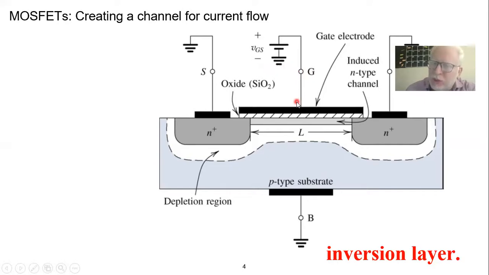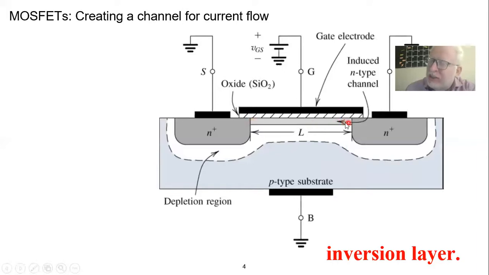Whenever you put a positive voltage on the gate, the holes in this region are repelled because holes also have a positive charge. This region is first converted to an intrinsic region where there are no electrons or holes. After that, electrons can be attracted here, forming what's called a channel.